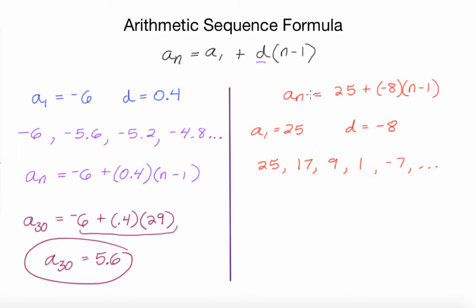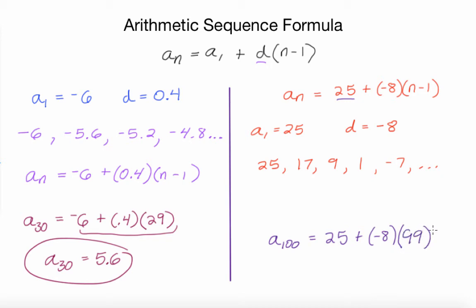I'm basing it off this formula. What if I wanted to find the 100th term? I like the number 100 today. So what if I wanted to find the 100th term in this sequence? Well, this is telling me to start with 25. We're going to add -8 a whole bunch of times, particularly one less than n. So I'm going to multiply -8 by 99.